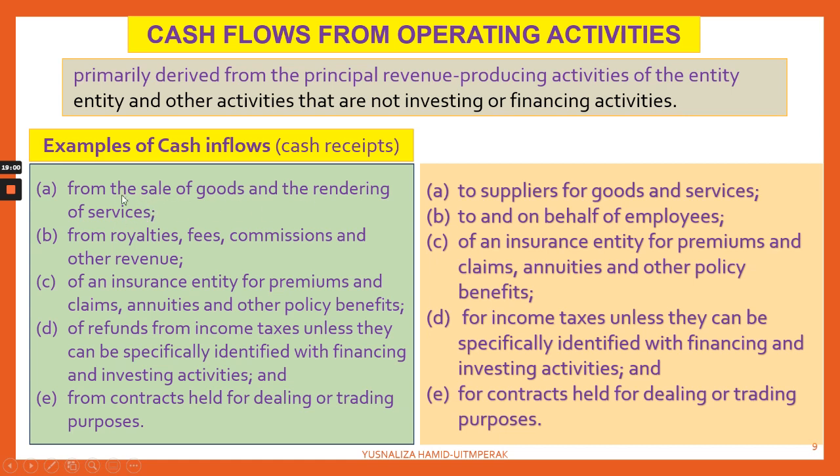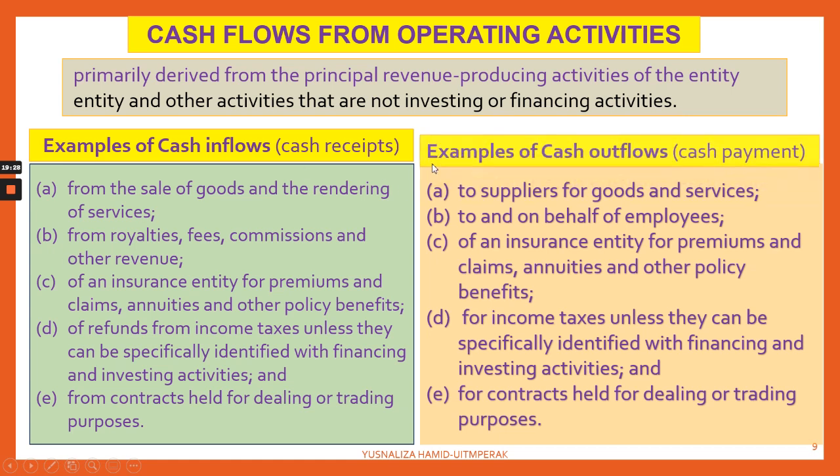From sale of goods, maybe the cash sales that you debited to the bank, or maybe the collection from the customer that you debited to the bank. From the royalties, fees, commission, and other revenues; for an insurance entity, from premiums; refund from income tax; or maybe from contracts held for dealing or trading purposes. But our focus will be on the first 2, A and B.